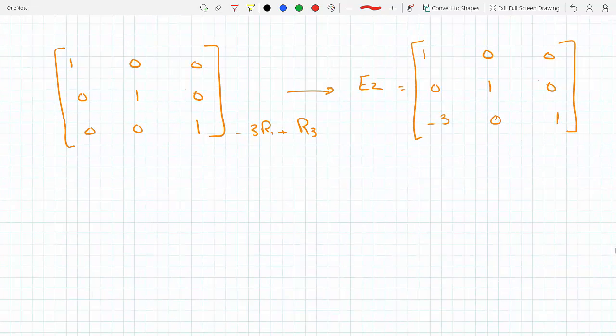Okay, and now I will operate on the result of the augmented matrix with the new augmented matrix.